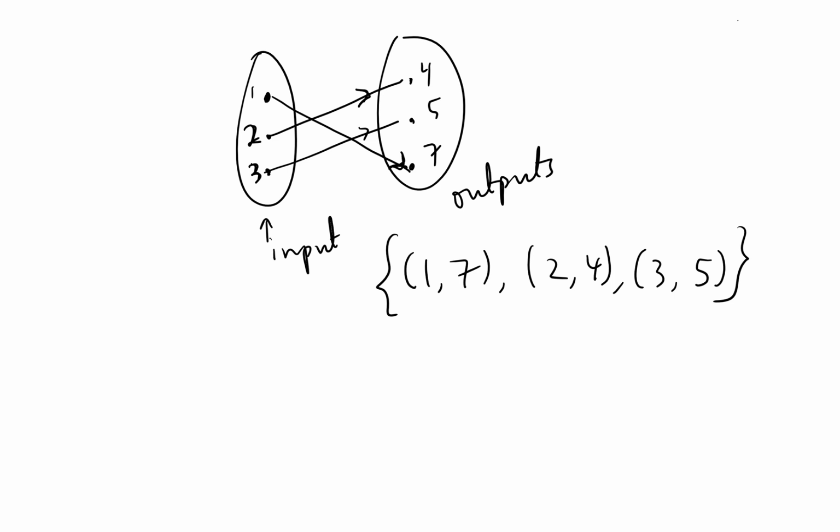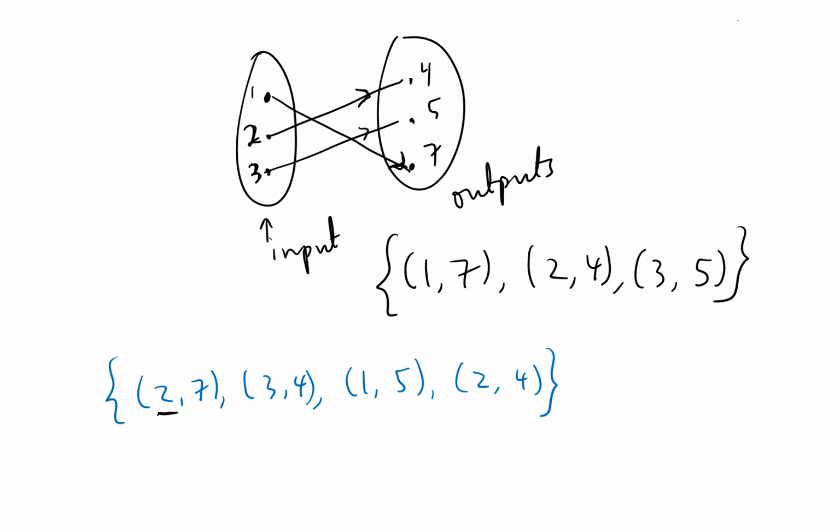If we look at other examples, 2, 7, 3, 4, 1, 5, 2, 4, we're going to see if this is a function or not. We look at the inputs. The input 2, what is the output? 7.